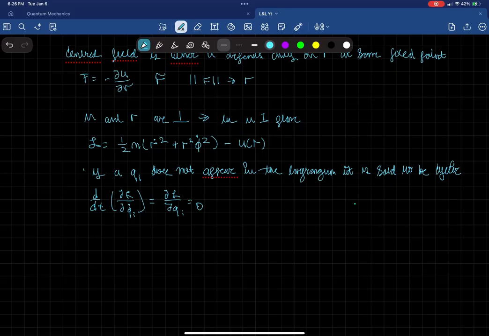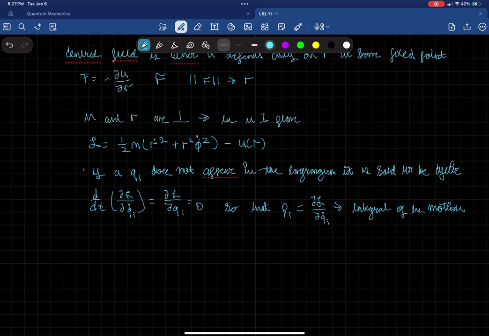So that the corresponding generalized momentum p_i, equal to del L del q dot i, is also an integral of motion. This leads to a considerable simplification of the problem of integrating the equations of motion when there are cyclic coordinates.